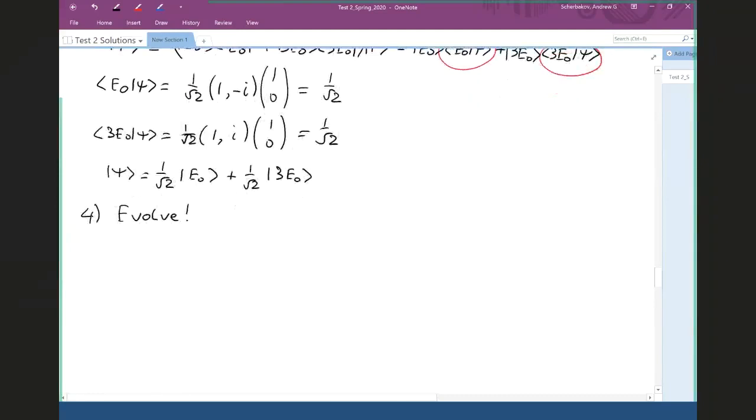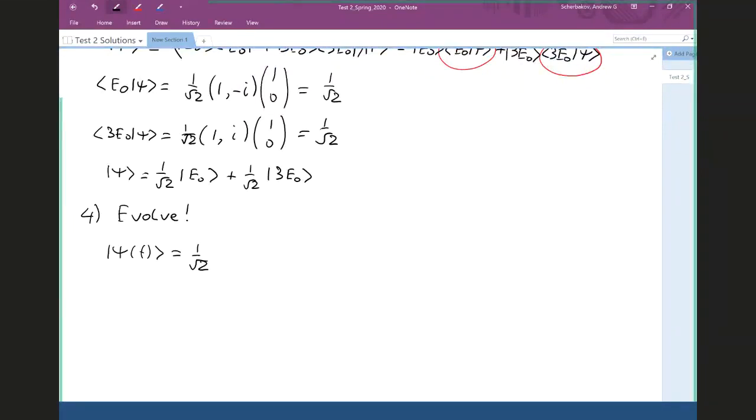That's it. Now we can evolve it. That's easy. Time evolution, right? Psi t is 1 over root 2. We know that each eigenstate of the Hamiltonian, those are stationary states. They only acquire overall phase. But that phase is different. That is the phase which is particular to each eigenvector.